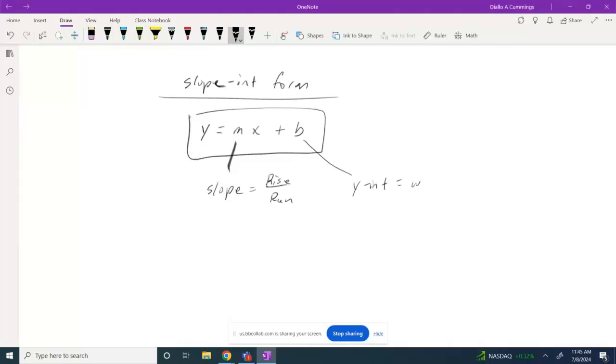And the y-intercept is where the graph touches the y-axis.